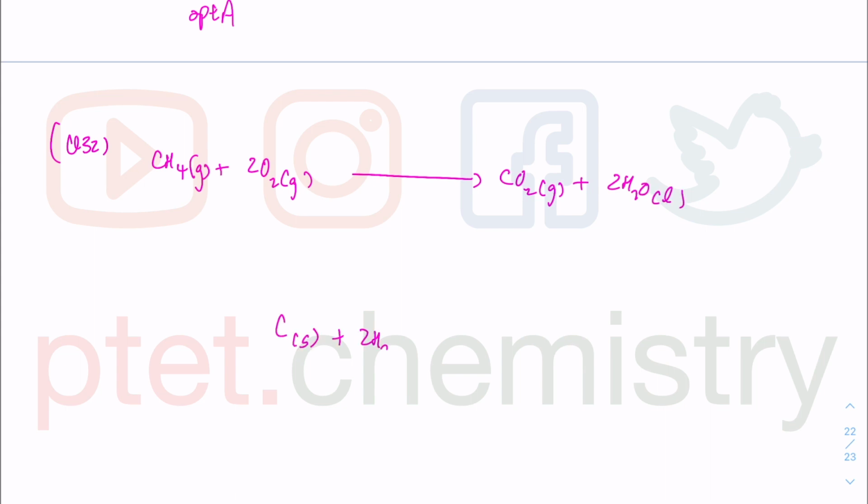Question 32. So what we have here is CH4 gas plus 2O2 gas going to CO2 gas plus 2H2O liquid, and you have carbon solid plus 2H2 gas plus 2O2 gas, and this thing there is delta Hz.